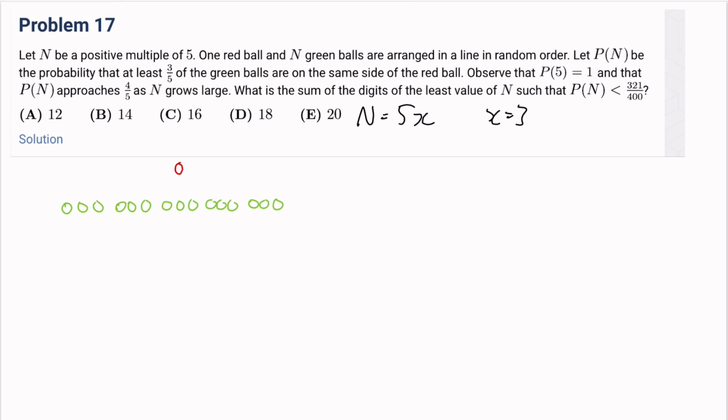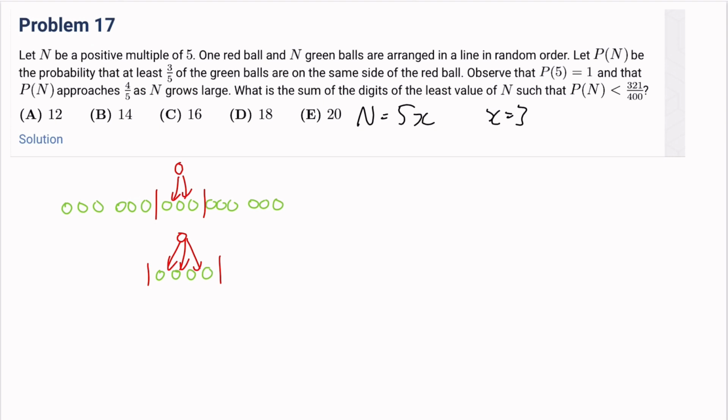Okay, so for Pn to not be true, this red ball has to go somewhere between these three, right? So it can go either here or there, right? And as x increases, let's say x equals 4, then the possible places where the red ball can go is 3, right?